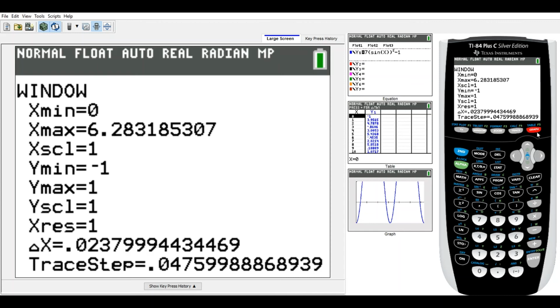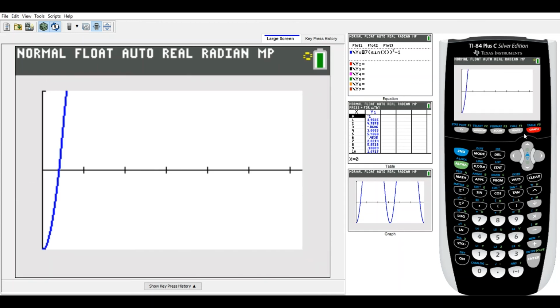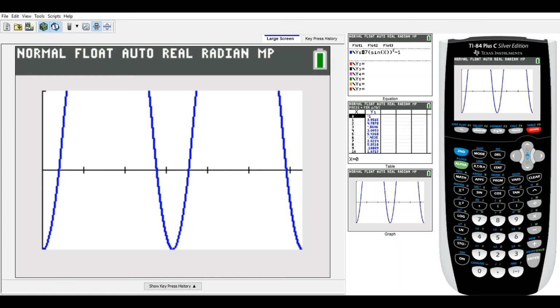So let's hit graph. And you can see now on the interval from 0 to 2 pi, we have 1, 2, 3, 4 answers.